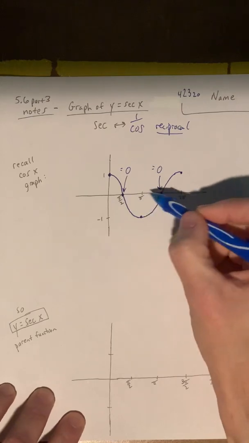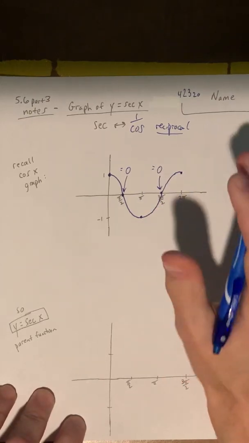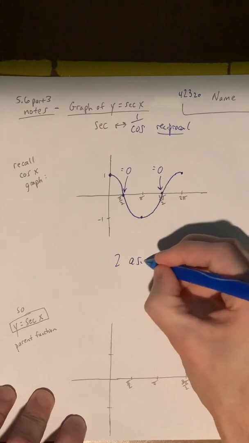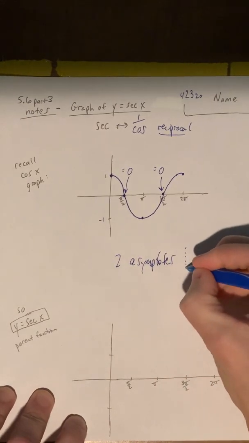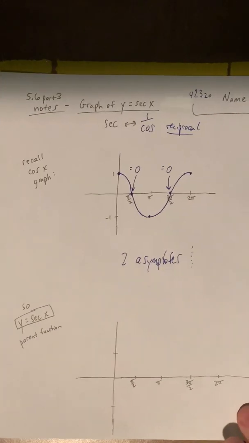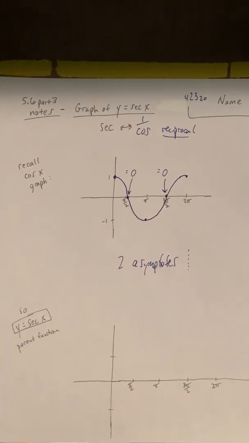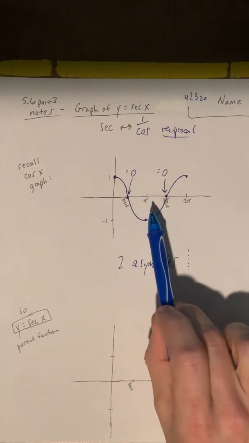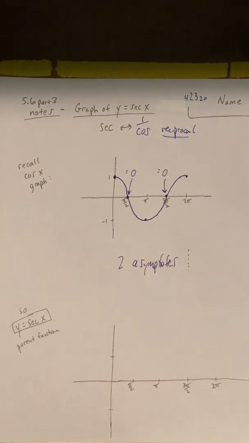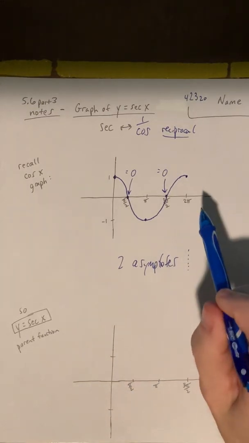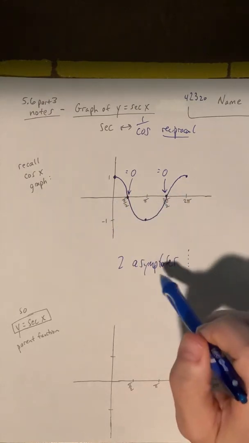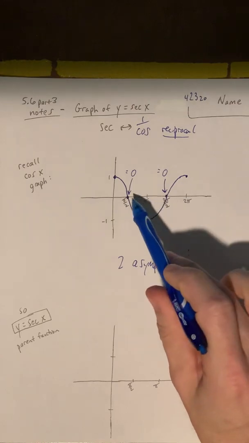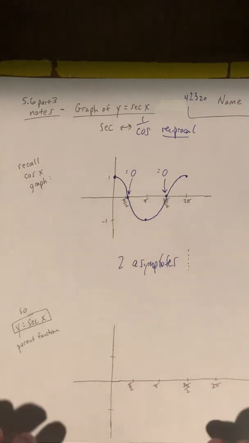Where it crosses or where it's 0, that's where you're going to have two asymptotes, or vertical dotted lines where nothing can exist, nothing can cross. Now, notice how they are in different spots than the cosecant asymptotes were. The cosecant asymptotes were at 0, pi, and 2 pi on the axis. Well, these two asymptotes for secant are at pi over 2 and 3 pi over 2.